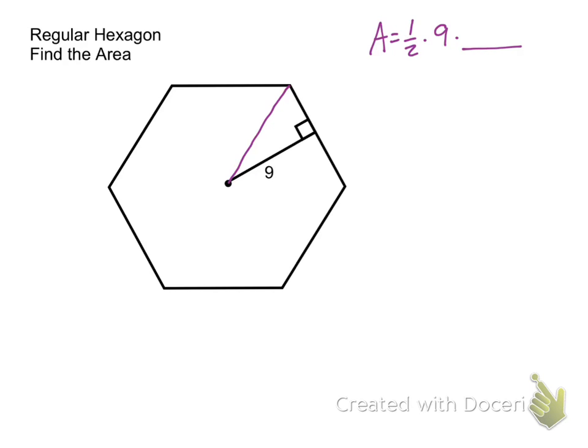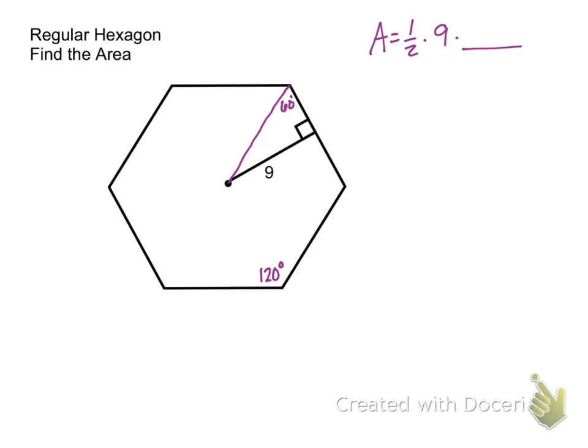Well, if we were to calculate one of the angle measures of our hexagon, going back probably a few months to when we were calculating those angle measures, we would get 120 degrees, and this is for every hexagon. So if you're working with a hexagon, it's always going to be 120 degrees for one of these angles if it's regular, okay? So if that's 120 degrees, this purple line I drew splits that angle exactly in half, so 120 divided by 2 is 60 degrees.